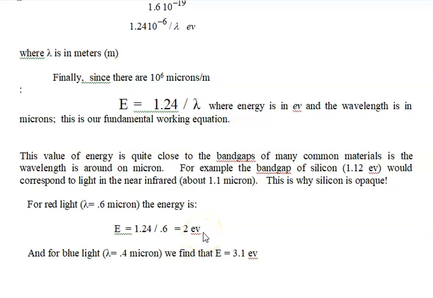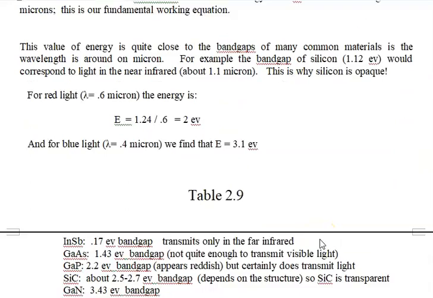Well, where have we seen that before? That is the band gap of silicon carbide and a number of materials which have band gaps very close to that. For blue light, the wavelength is less, so the energy for blue light is 3.1 eV, and that would be considered a wide band gap material.